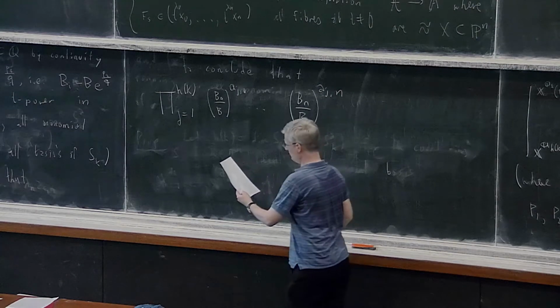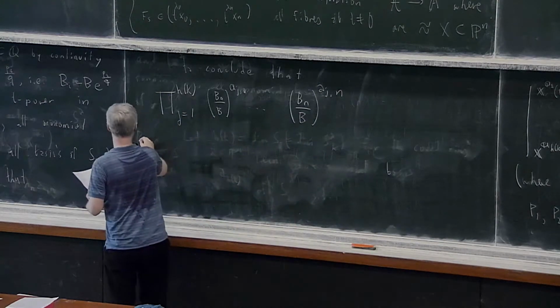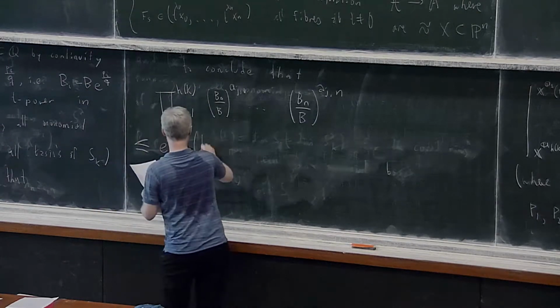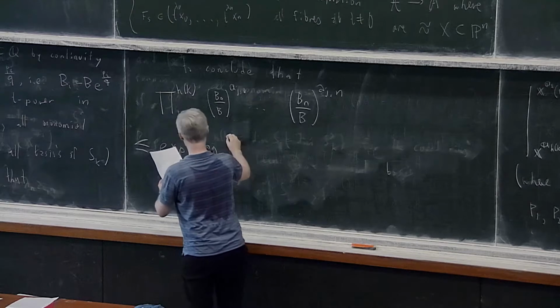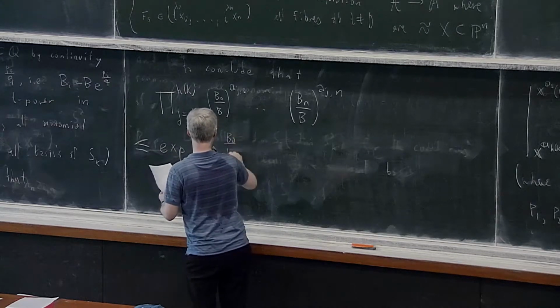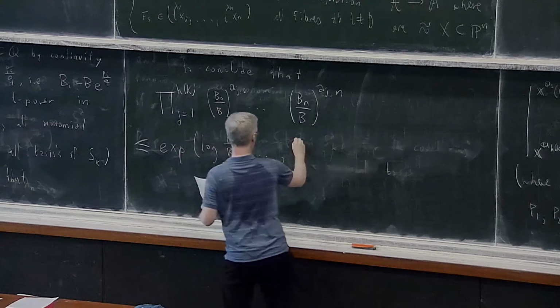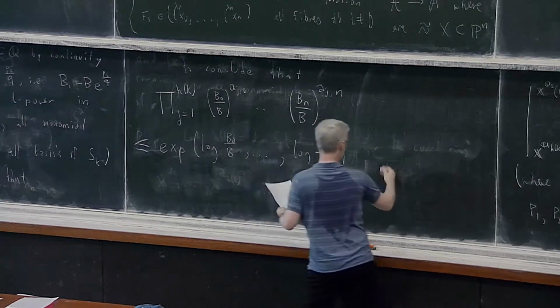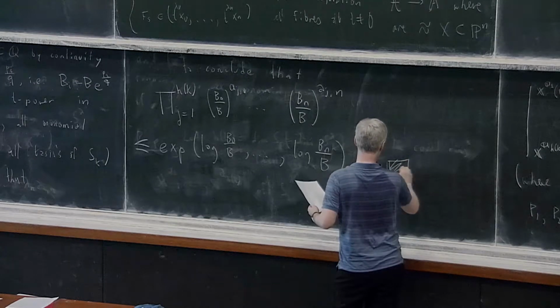So what I have found now is that this is smaller than x log of this b_0 b up to log b_n of b. This concludes the proof of this.